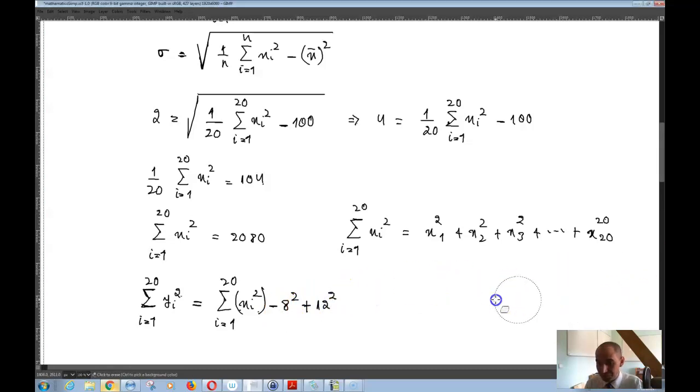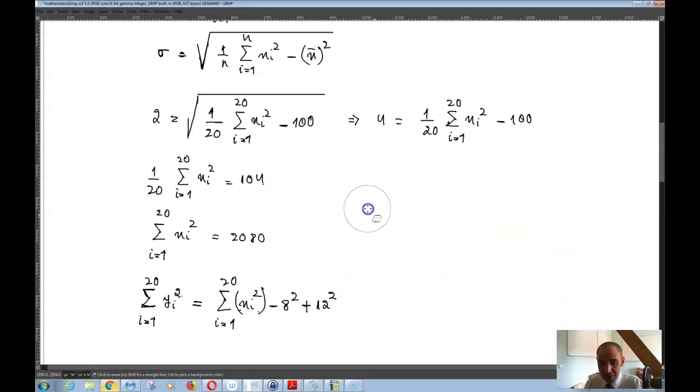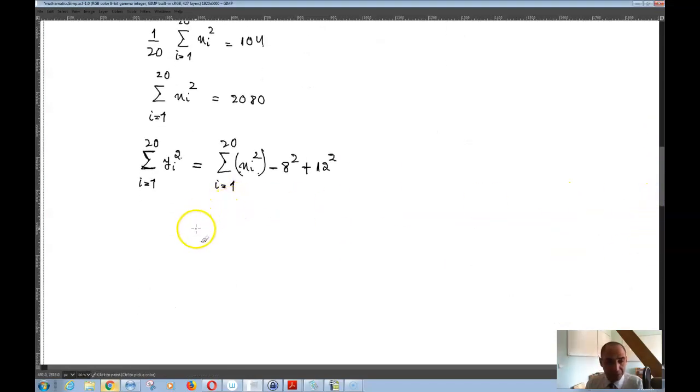So what that means is that sigma of x of i squared is equal to basically 2080, and 12 squared is equal to 144, 8 squared is equal to 64.